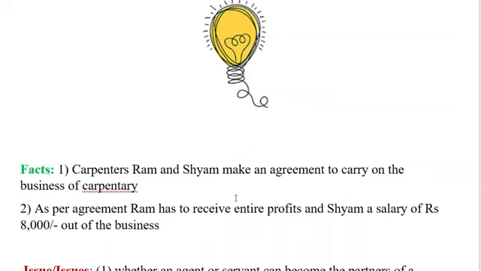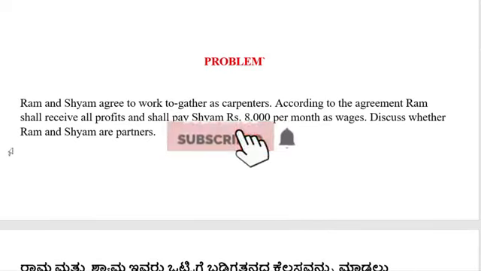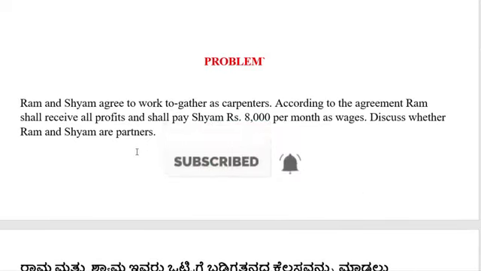So you should carefully see how the problem will be given in the exams. Depending upon the problems, you have to solve the problem by analyzing it, applying the provisions of law and quoting the decided case laws. So this is with regard to deciding whether Ram and Sham are the partners.